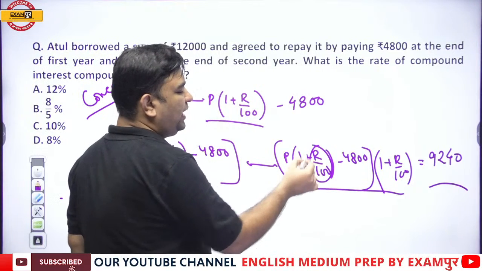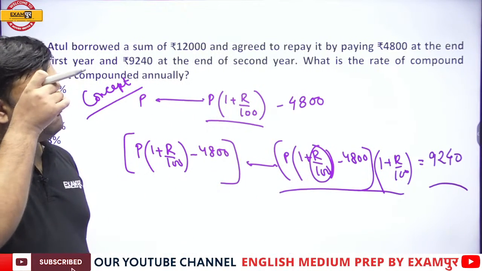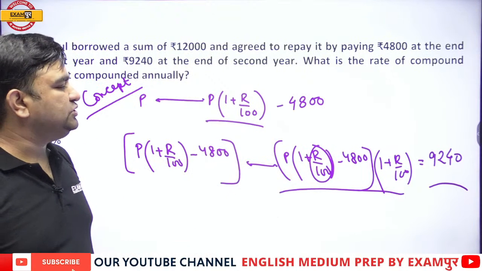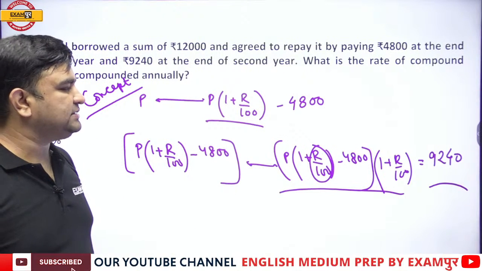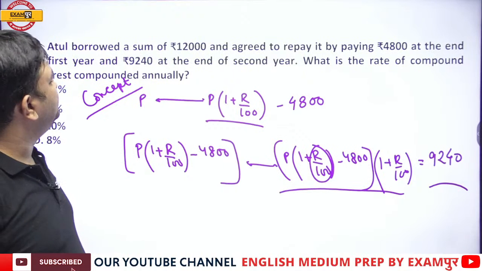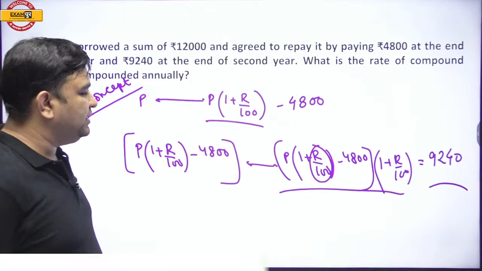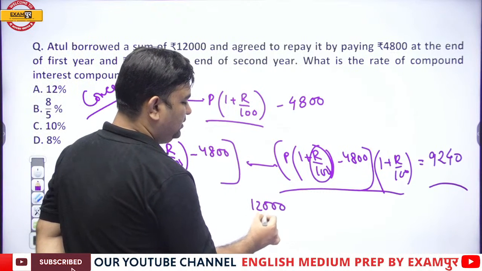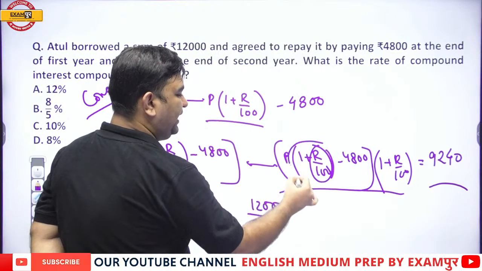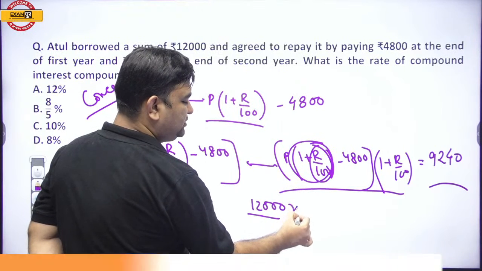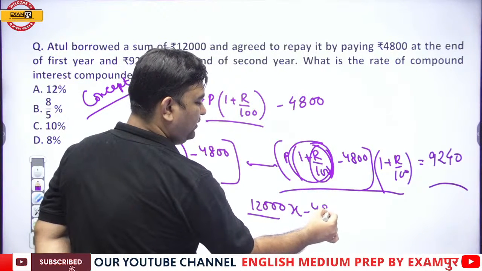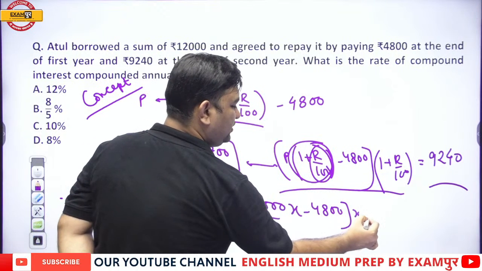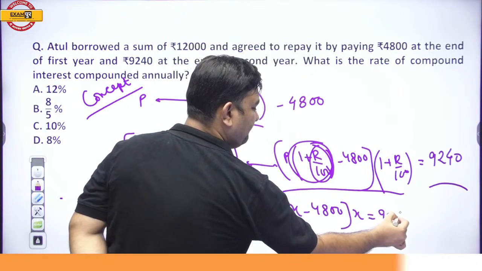So you can assume the entire value (1 + R/100) as X, because the principal is already known, 12,000. If you assume the entire value as X, it is (12,000 X minus 4800) into X is equal to 9240.